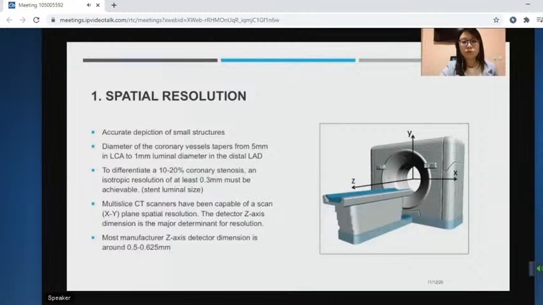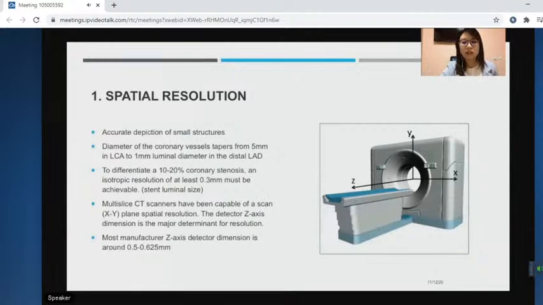To check whether there is restenosis in such a small lumen is quite difficult. But with a machine that has high spatial resolution, we can remove most of the blooming artifact from heavily calcified plaques and heavy metal stents.